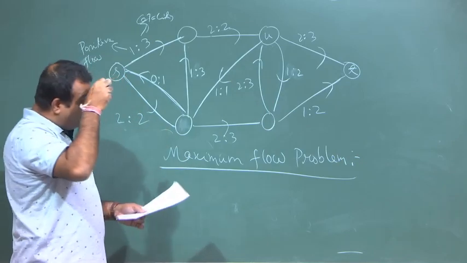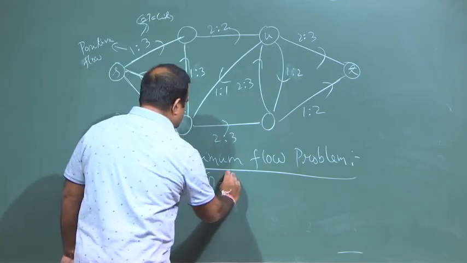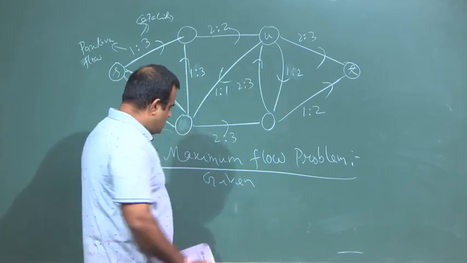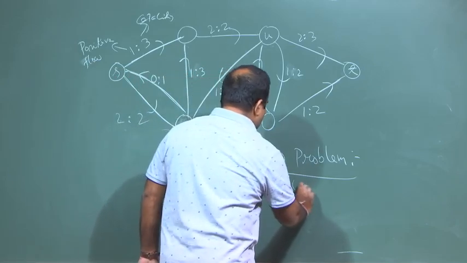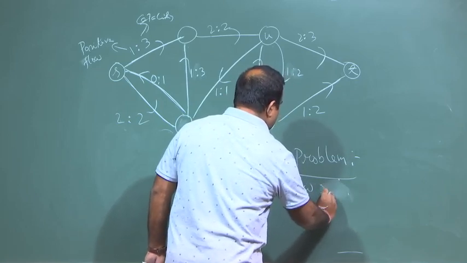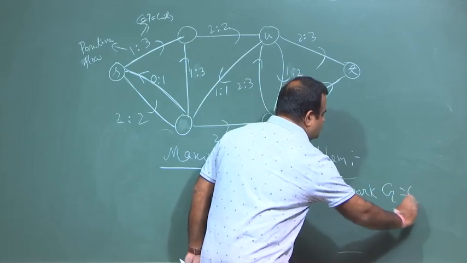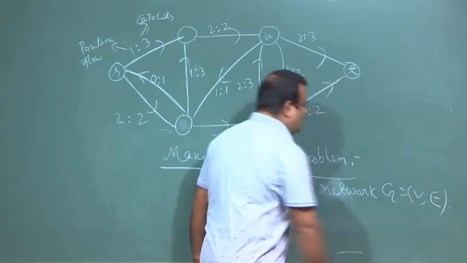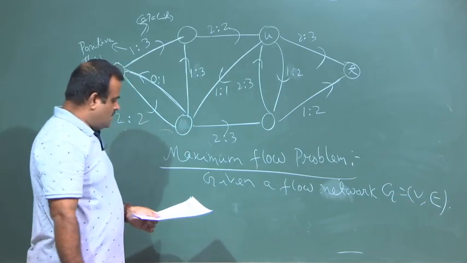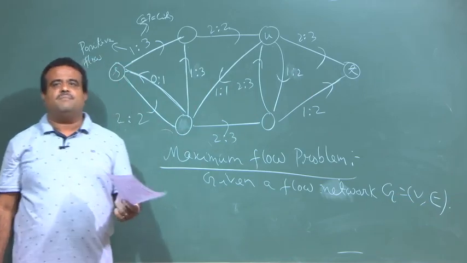So, this is the definition. Given a flow network, this graph G(V, E), and the capacity vector, find the flow of maximum value.